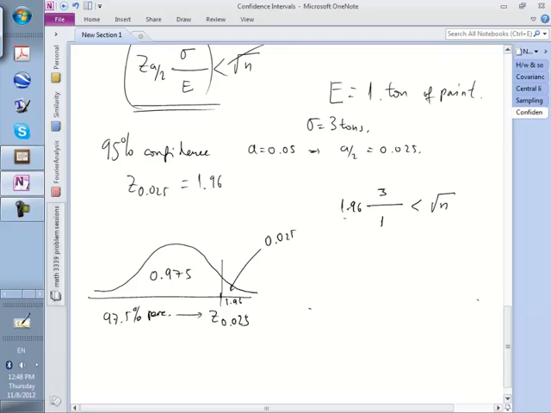So essentially it's 1.96 times 3, that's basically 6, let's say 6. The square root of n should be greater than 6, so n should be greater than 36. So the minimum sample size I would take is 36. All right?